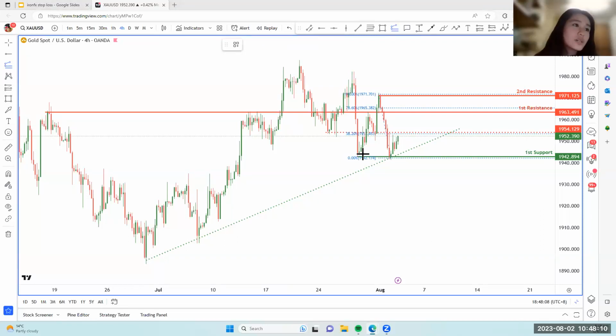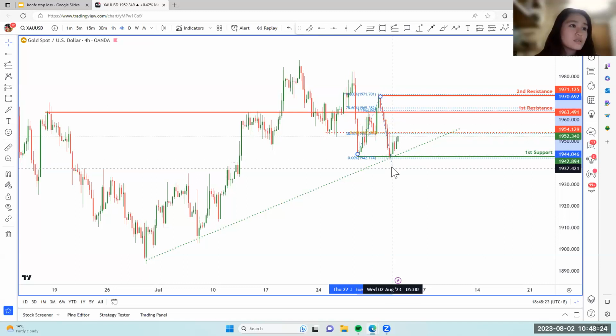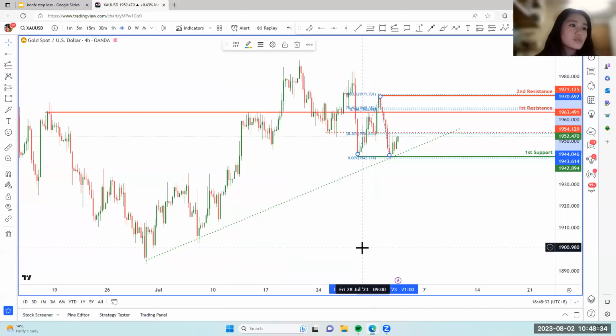Okay, next I'm going in with a Fibonacci projection. For Fibonacci projection, we use these 3 levels: 100, 78.6, and 61.8. Okay, my 78.6 lines up with my first resistance.